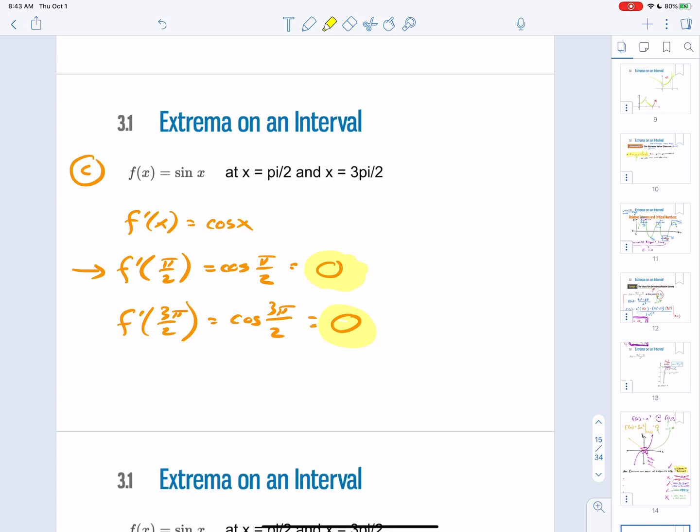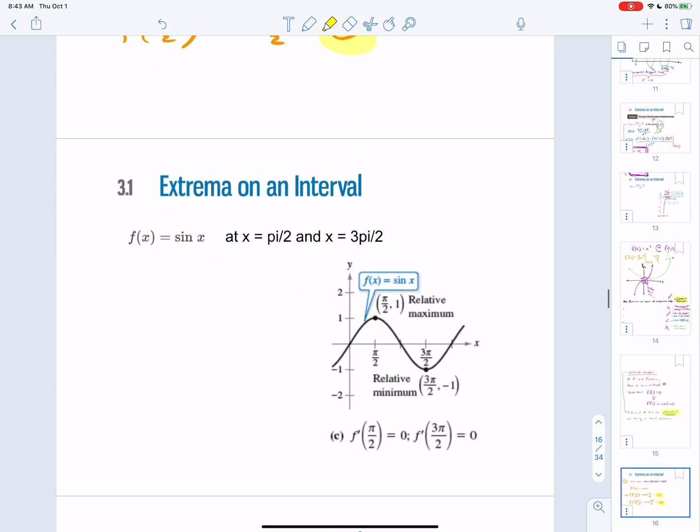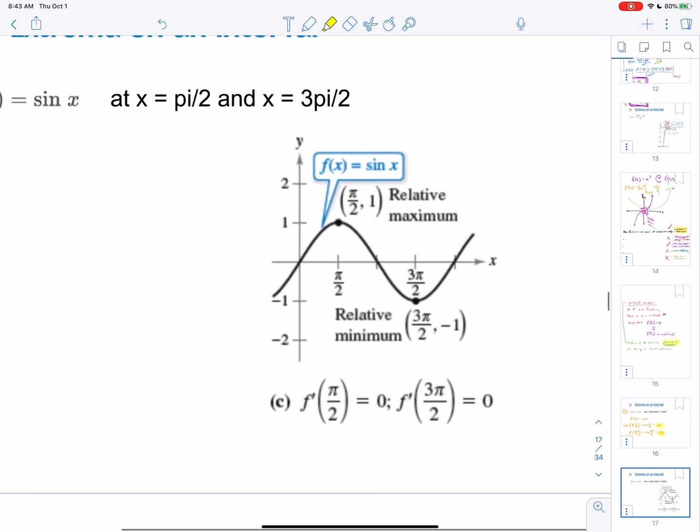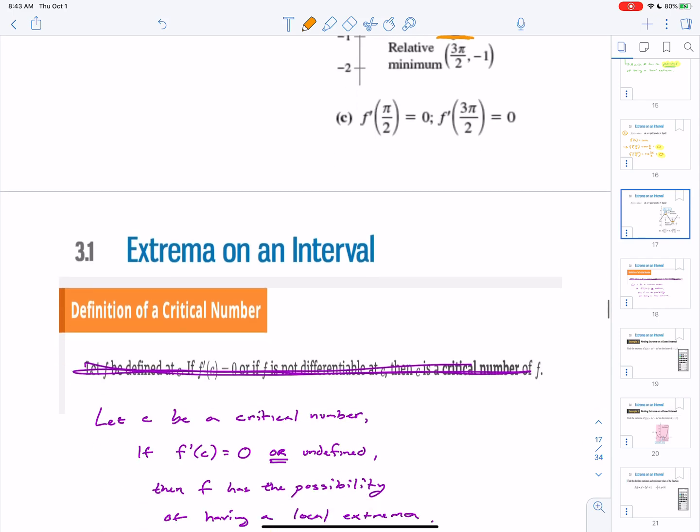Critical numbers have the potential of being a local extrema. Here's the picture graphically so you can see it. If you were to draw a tangent line there, notice how they're both horizontal, and they're actually local extremas.